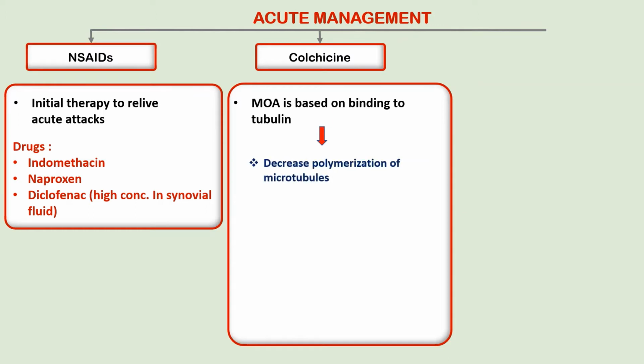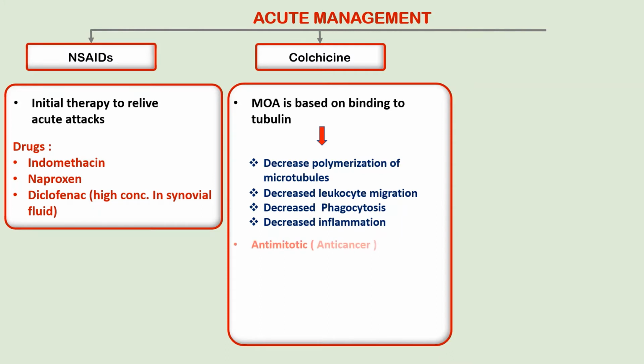Thus it decreases the microtubule polymerization, and migration of these granulocytes to the affected area is inhibited because the pseudopods do not work here. And it also decreases phagocytosis and decreases inflammation. Another important effect is that it is an antimitotic, so it can be used as an anti-cancer drug too.